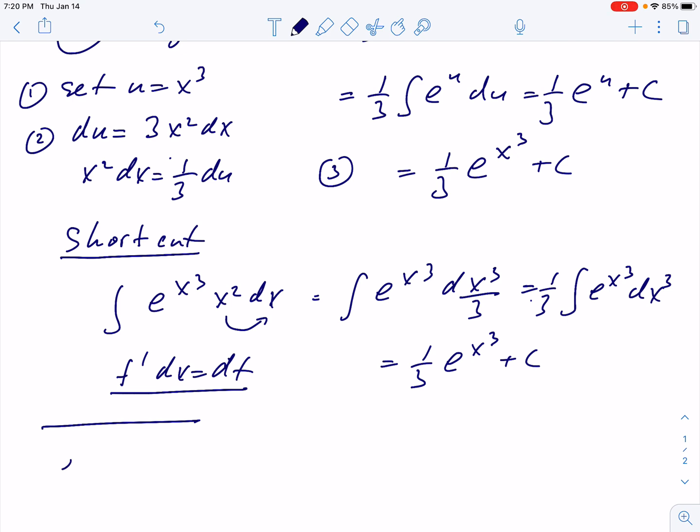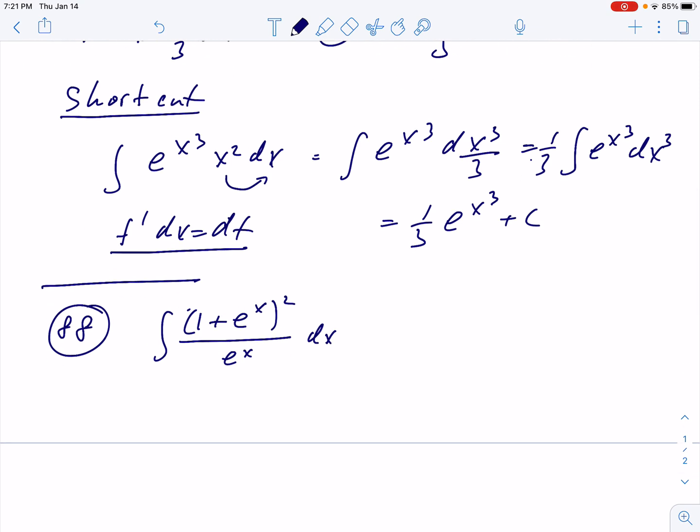Moving to the next example. Here is number 88. Solve this integral. Again, an indefinite integral. 1 plus e to the power x, all this squared, divided by e to the power x dx. How to solve this integral? Now, we can make a substitution.